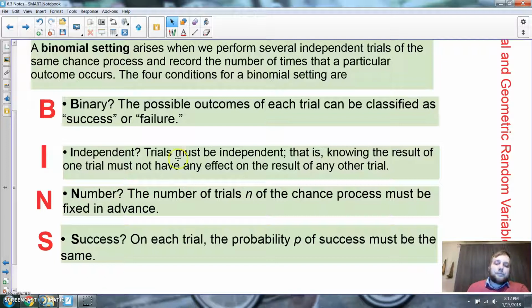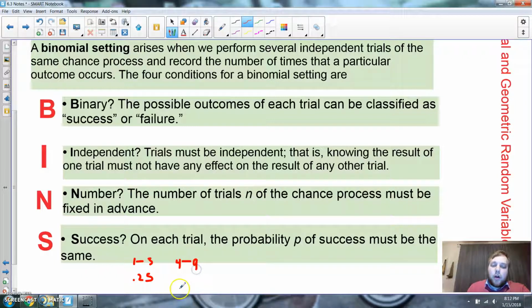And then finally, the success. On each trial, the probability of success must be the same. For instance, let's say when we're taking a test, questions 1 through 3 are multiple choice, with a 25% chance of getting it right. But questions 4 through 9 are true and false, so those are a 50% chance.